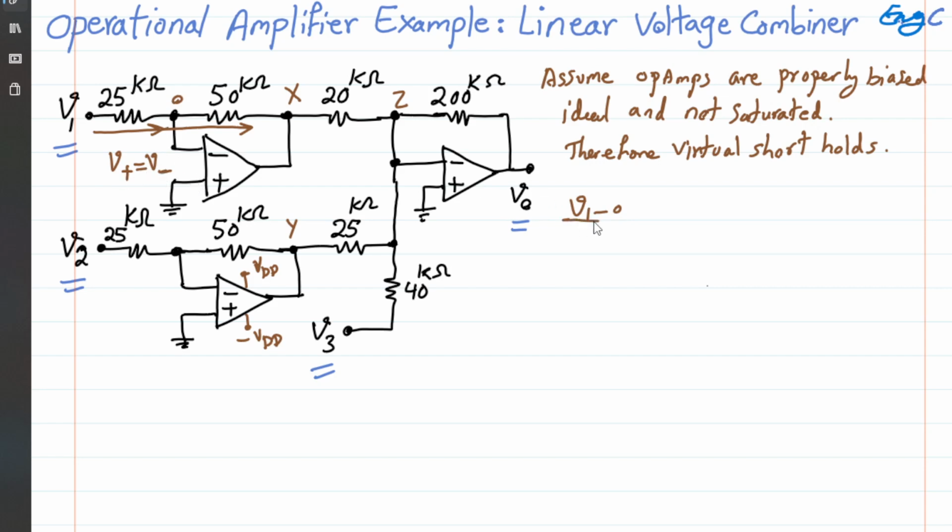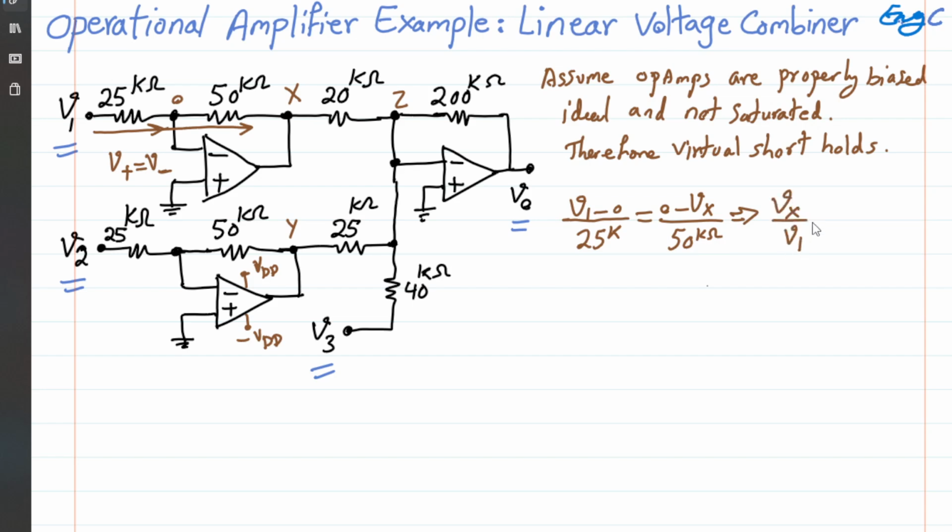So V1 minus 0 divided by 25K, that's the resistor, so this is the current, and should be equal to 0 minus Vx, voltage at node X, divided by 50K, the resistor between the two nodes, as you can see. So if you reshuffle things around here, obviously what we already know should be obtained.